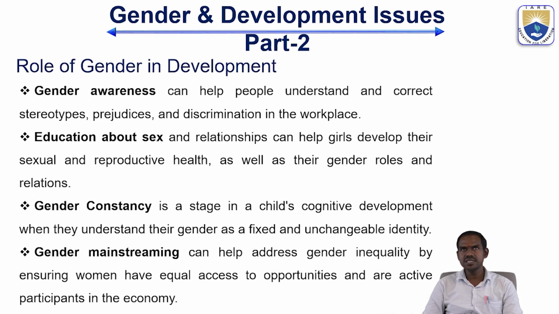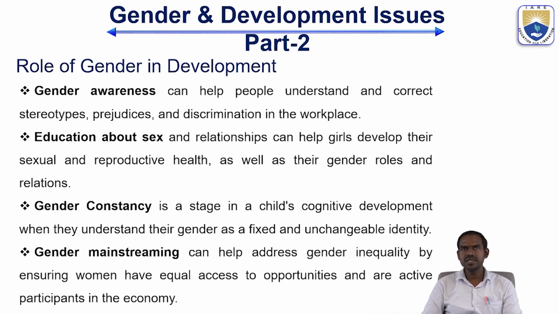And the next way is education about sex and relationships. It can help girls develop their sexual and reproductive health as well as their gender roles and relations. Okay, so this is the third way, education about sex and relationships, especially it can help girls develop their sexual and reproductive health as well as their gender roles and relations.